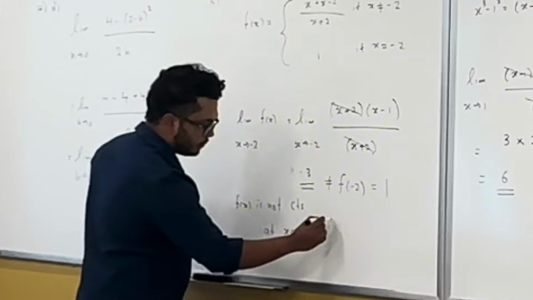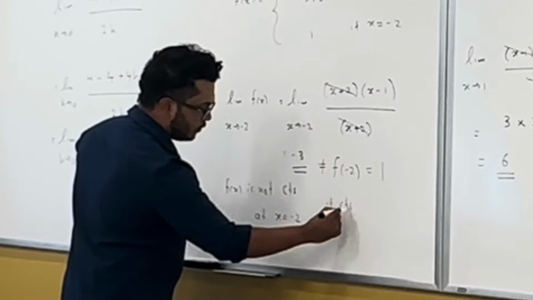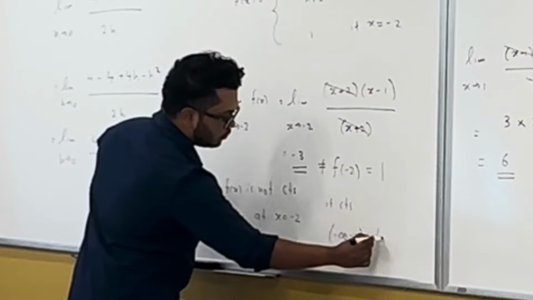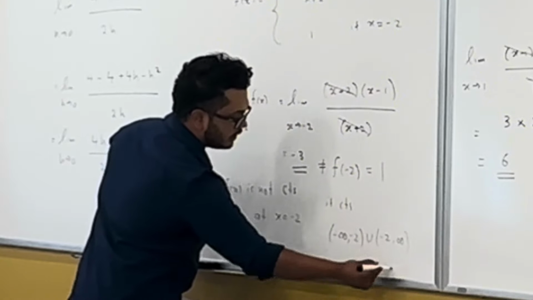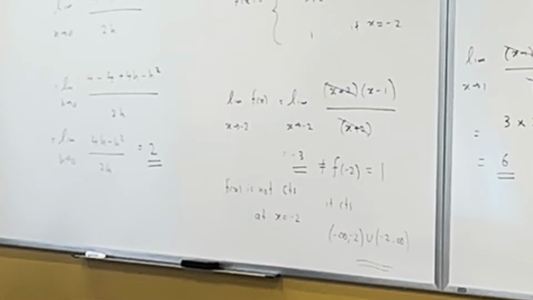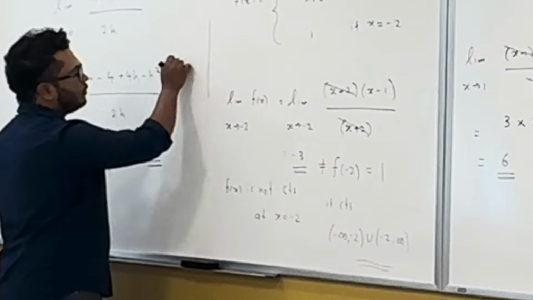It's continuous from negative infinity to negative 2, and negative 2 to infinity. Anything other than negative 2 is fine. But that's a jump at negative 2. I'm not going to draw it exactly, it looks like this.